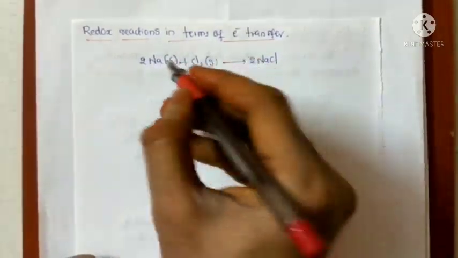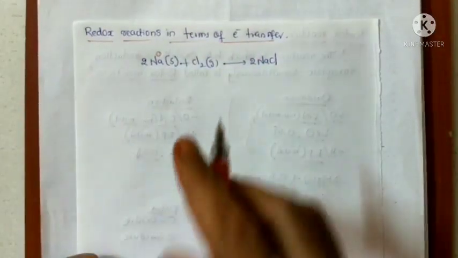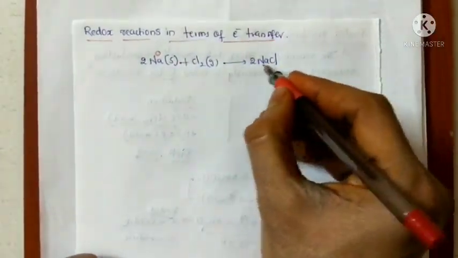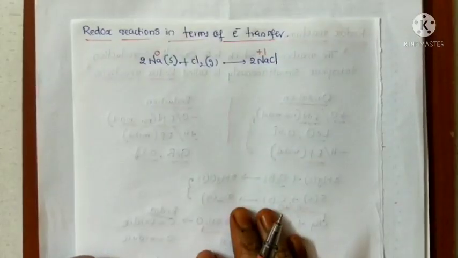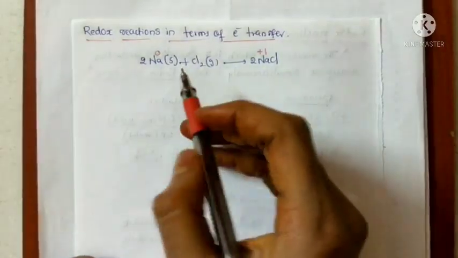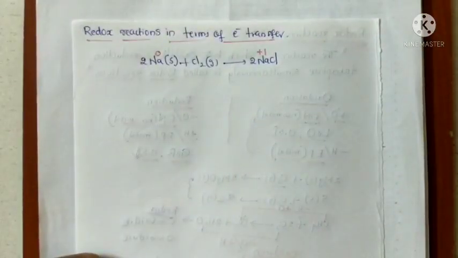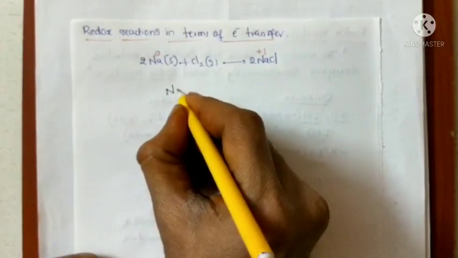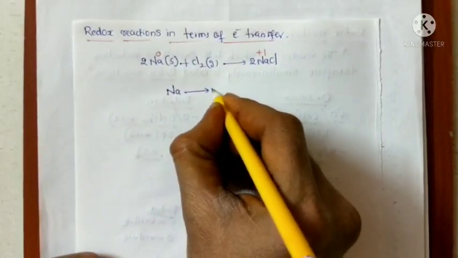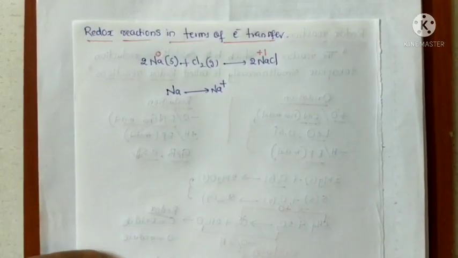Sodium is in the zero oxidation state because it is a neutral atom, but after the formation of NaCl it is converted into the +1 oxidation state. That means sodium is converted into Na plus ions. Na plus means loss of 1 electron.